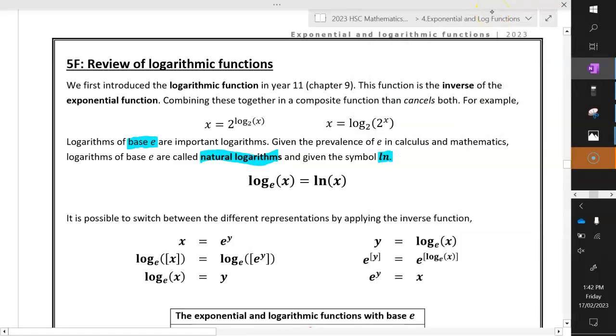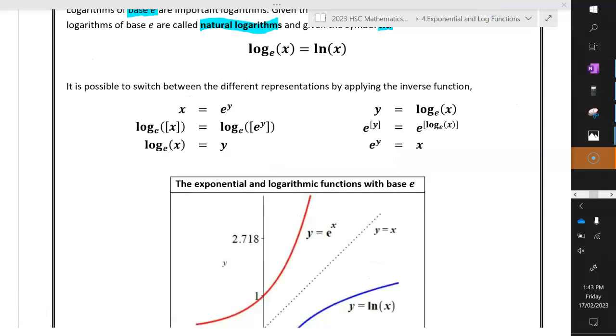Okay, so although we say that our natural logarithm is written ln of x, it can also be written as log e of x. So log e of x and ln of x are exactly the same. I interchange between the two. Your books and your HSC exams may interchange between the two as well. Moving down a little bit, it's saying it is possible to switch between the different representations by applying the inverse function. So I'm going to start with this one here.